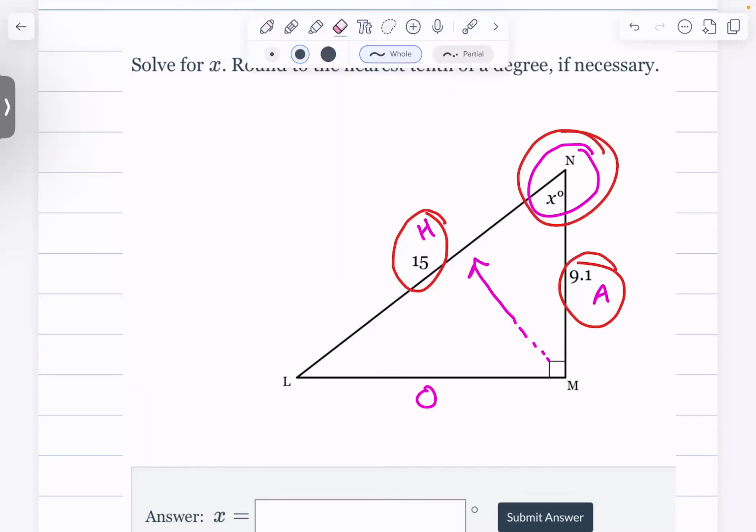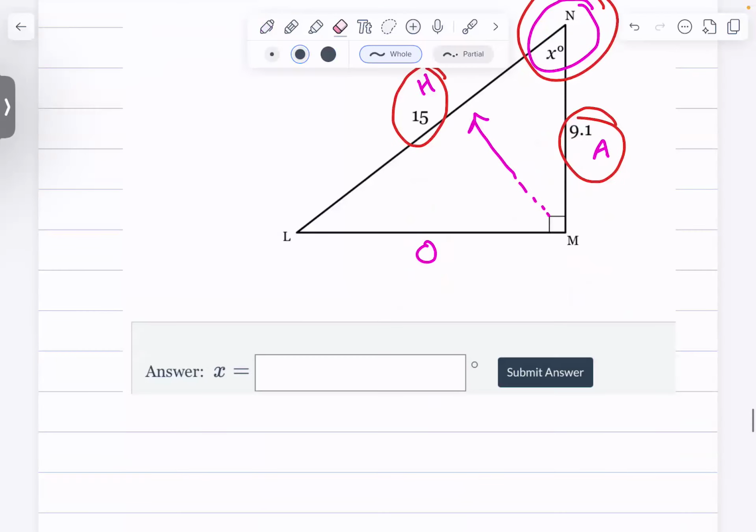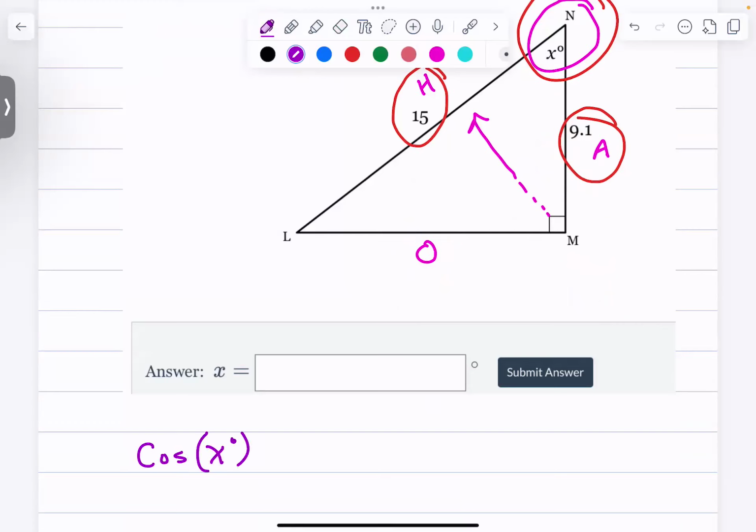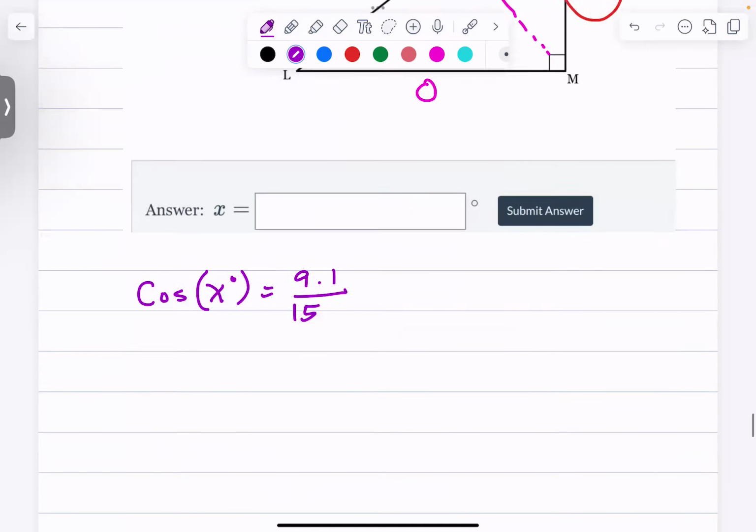So it's going to be the cosine of x degrees equals adjacent over hypotenuse, which is 9.1 over 15.